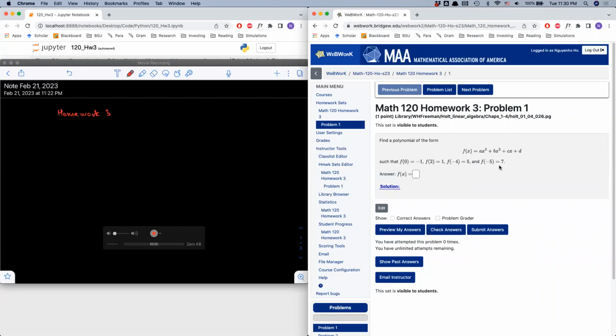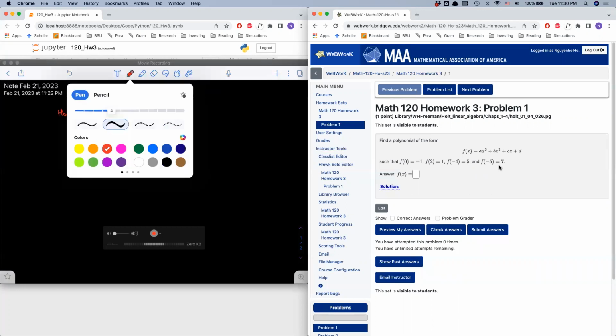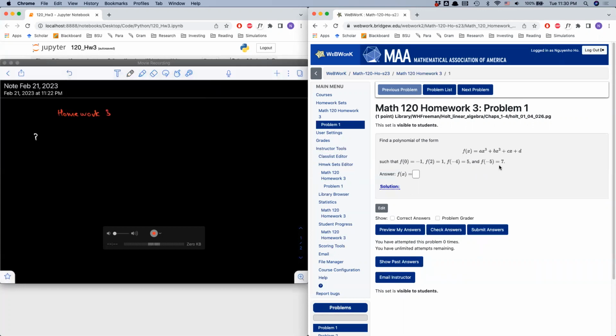So again, let's do the setup for problem 1. I want to find the polynomial of the form ax cubed plus bx squared plus cx plus d given 4 points. So f of 0 equal to -1 means that you have the point 0, comma -1. f of 2 equal to 1 means that you have the point 2, comma 1.